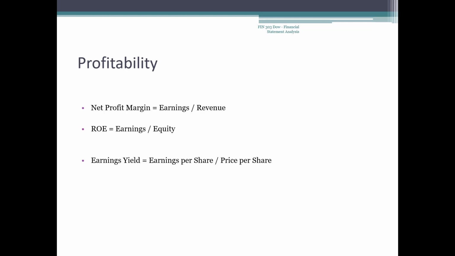The market analog to return on equity is the earnings yield. If we take return on equity and divide both the numerator and denominator by the number of shares, we get earnings per share divided by book equity per share. The market value of a share is just the price per share. Replacing book equity per share with price per share gives us the earnings yield: earnings per share divided by price per share.